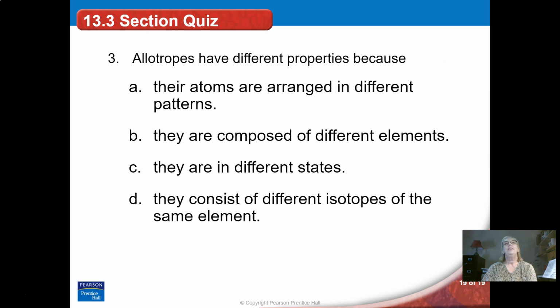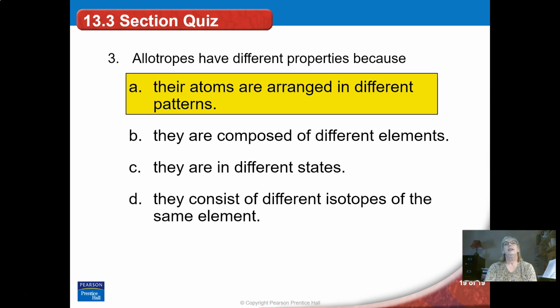And allotropes, what are those? They have different properties. Even though it's the same molecule or atom, they have different properties because they're arranged differently. So arrangement of the atoms or the molecules in a structure really affects the properties of that structure.